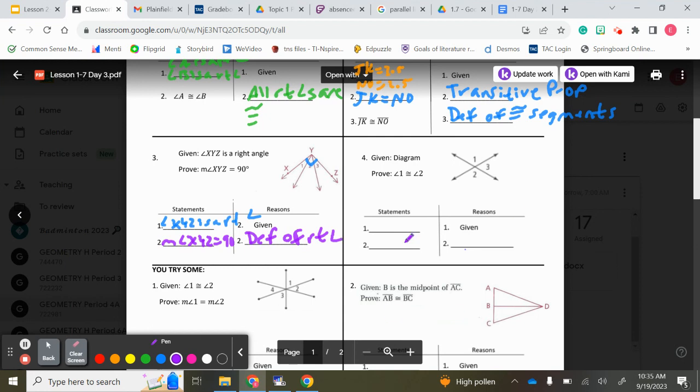All right, let's take a look at number 4. It says, in the diagram, we have to prove that angle 1 is congruent to angle 2. If you're ever given a diagram, you would just write down diagram. The diagram is given to you. That is what you're using for this proof. So what do we know about vertical angles? They're vertical, yes, but what are they?